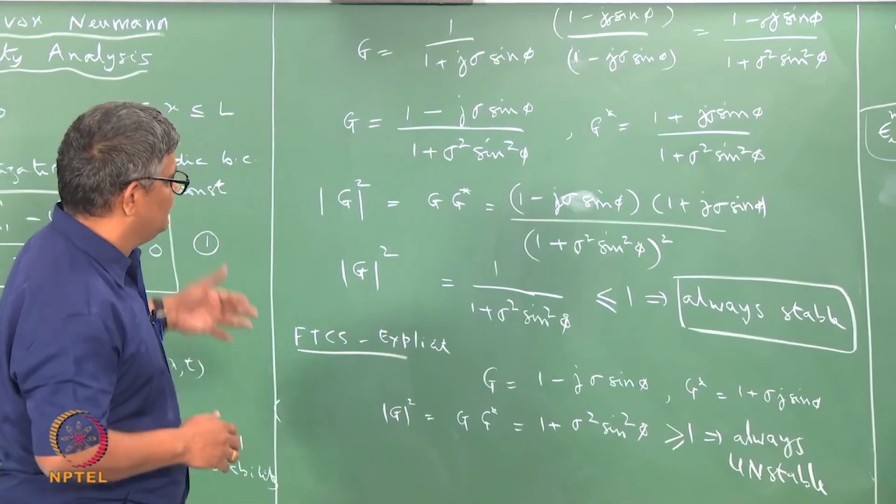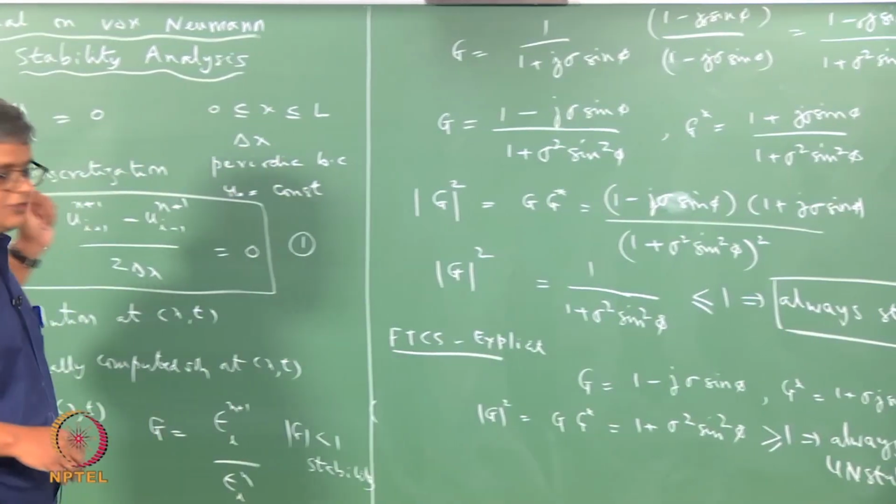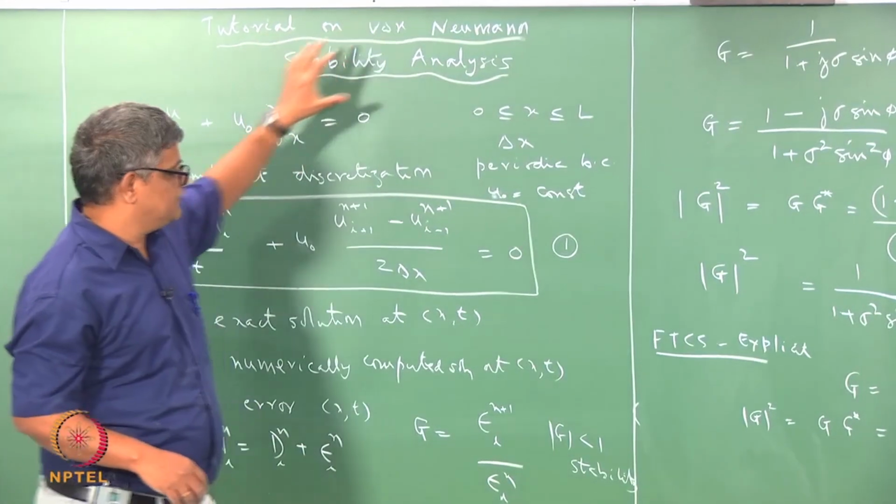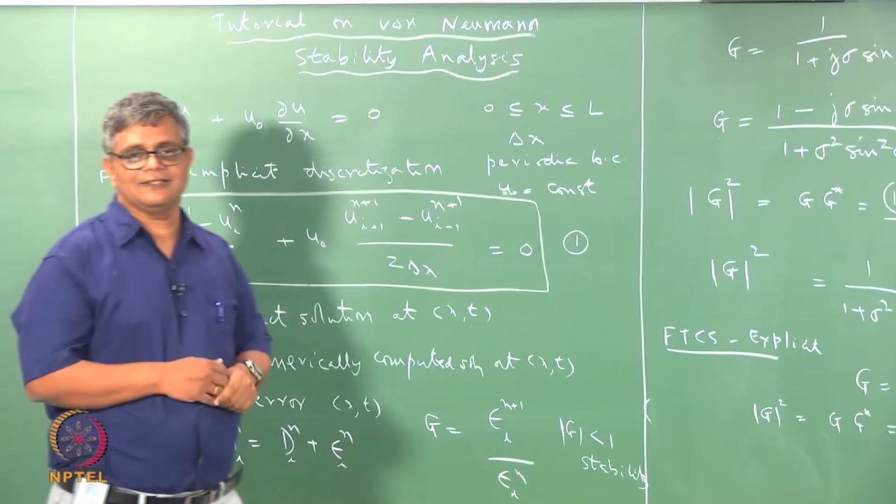and that is something that we would like to demonstrate, and I hope from this tutorial we have learnt the mechanics of how to do the von Neumann stability analysis for a given discretization scheme.